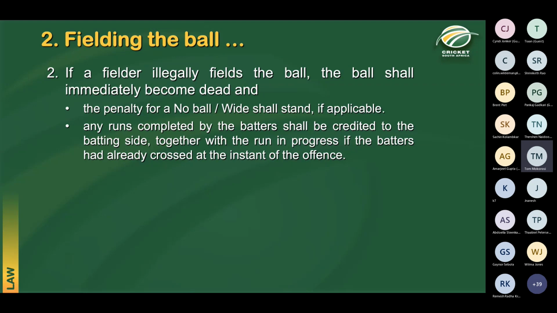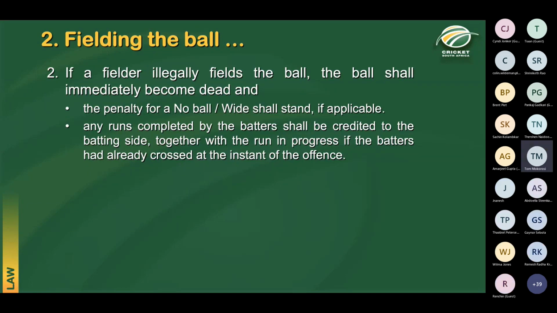Of course, we must also signal no ball or wide if applicable. Those always stand. Any runs completed by the batters shall be credited to the batting side together with the run in progress if the batters had already crossed during that run in progress at the instant of the offense.